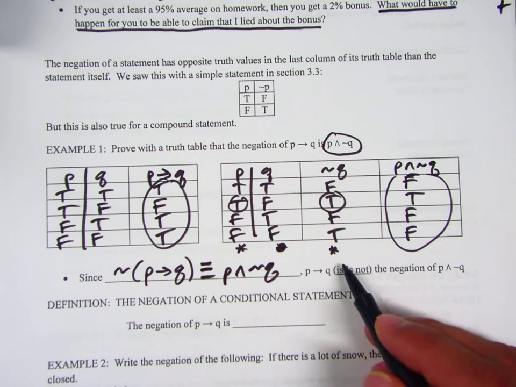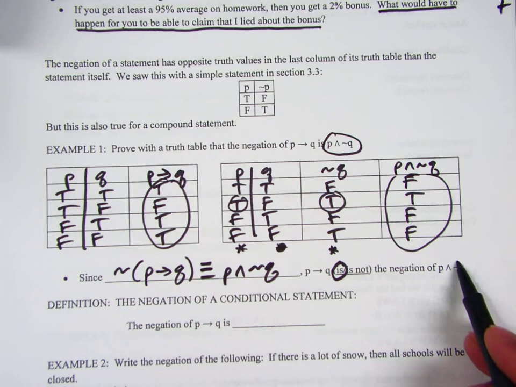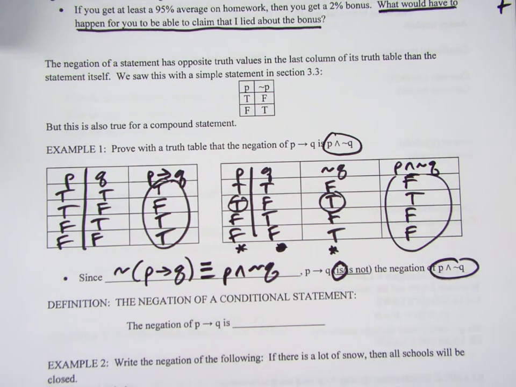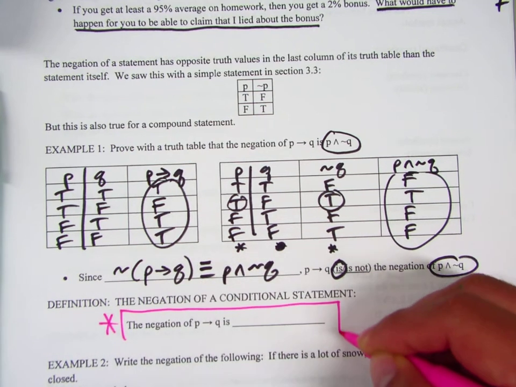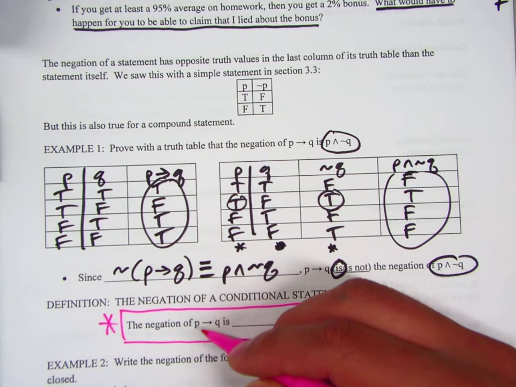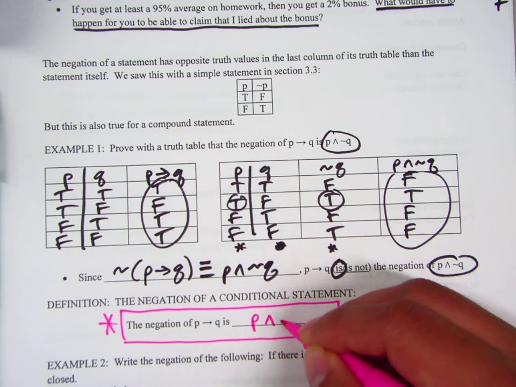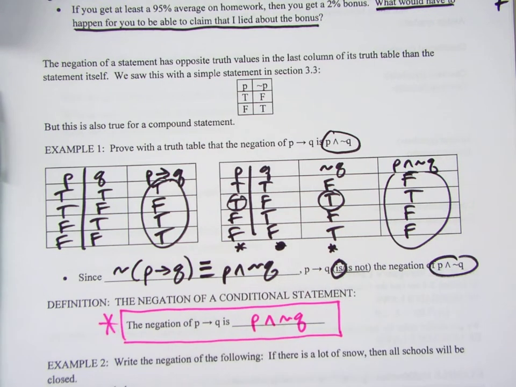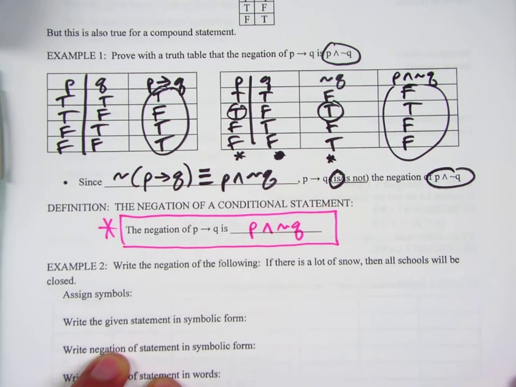And so this is the negation of these, okay? So ultimately, here's what you need to know now, right here. The negation of an if-then sentence, if P then Q, is P and not Q. Okay?